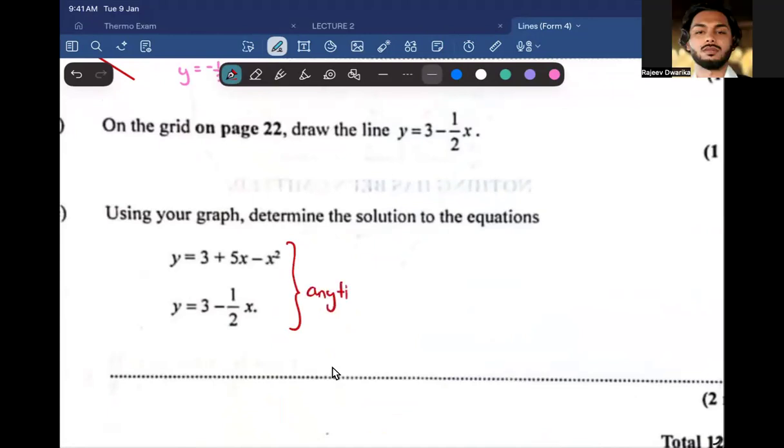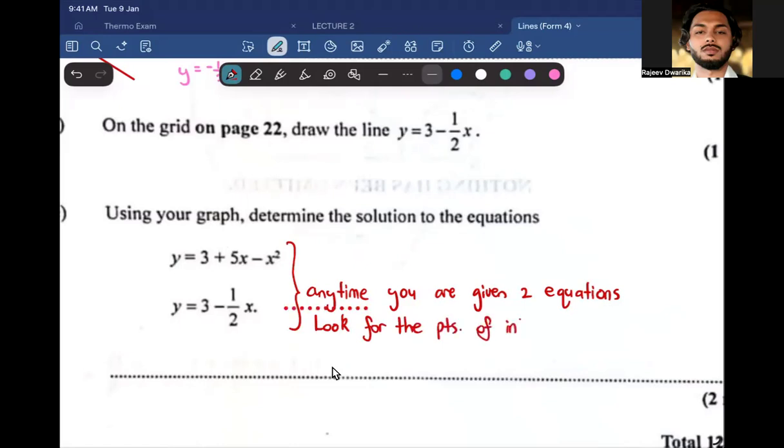Anytime you are given two equations, look for the points of intersection. This will be the solution.